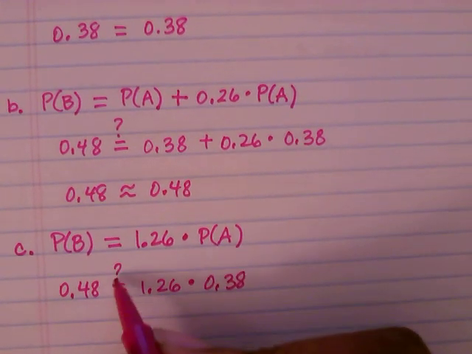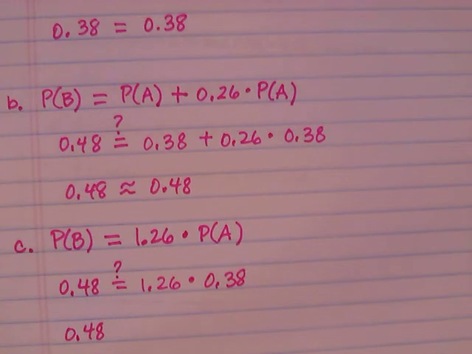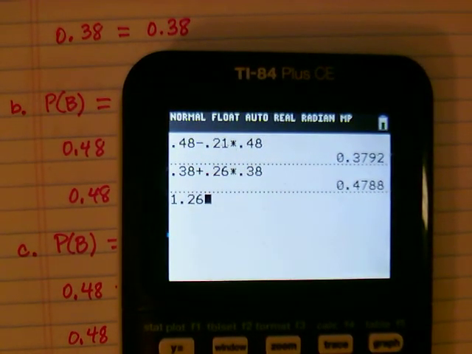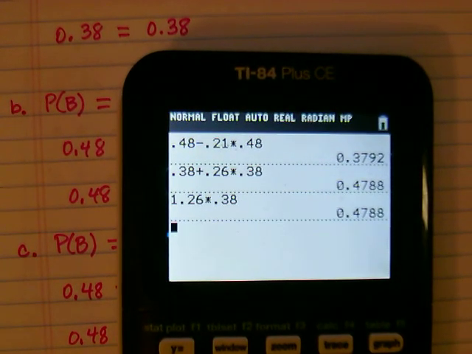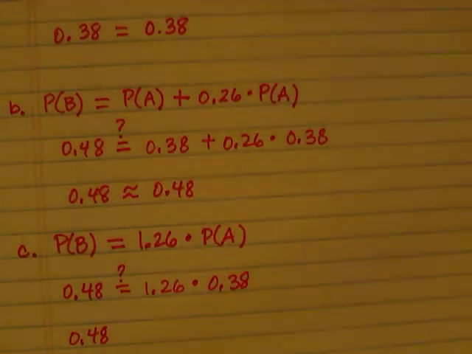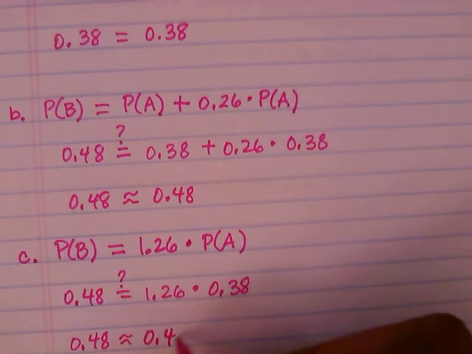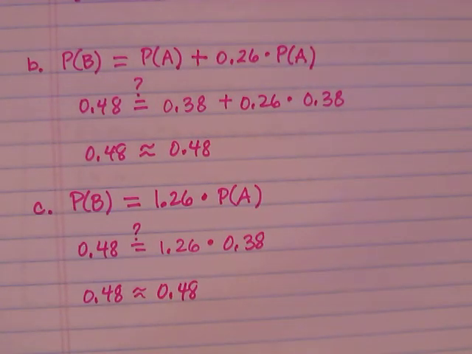I want to note that left side equals the right side. So if I do 1.26 times 0.38, I got 0.4788, round that up, it'll be 0.48. So here I verified that B is about 1.26 times as likely as A.